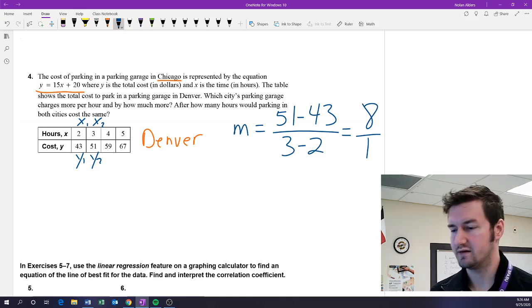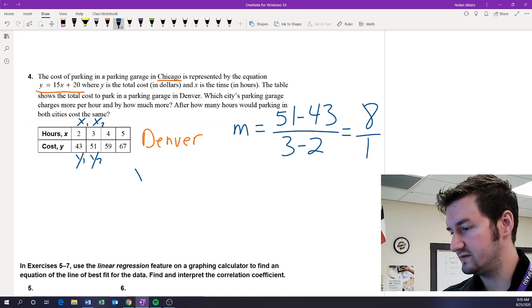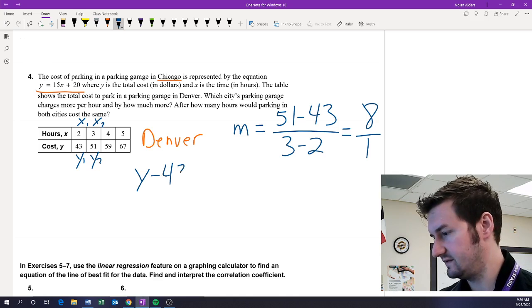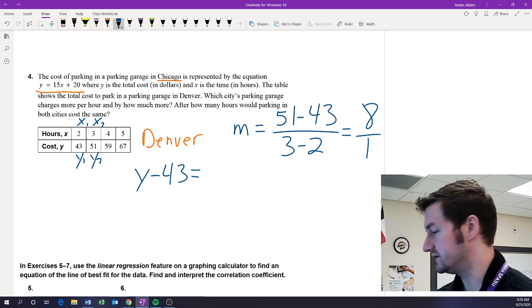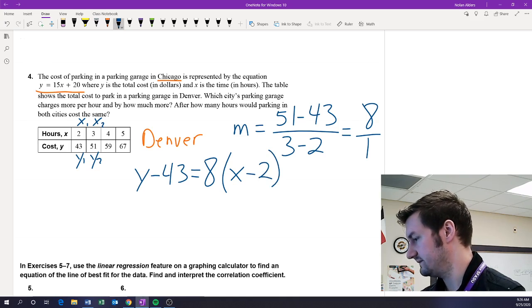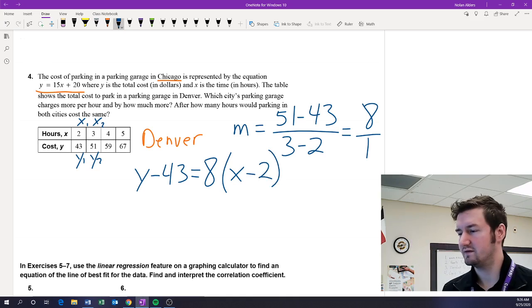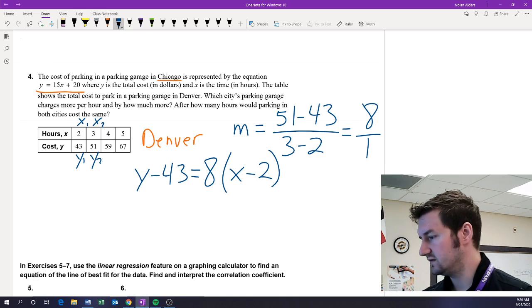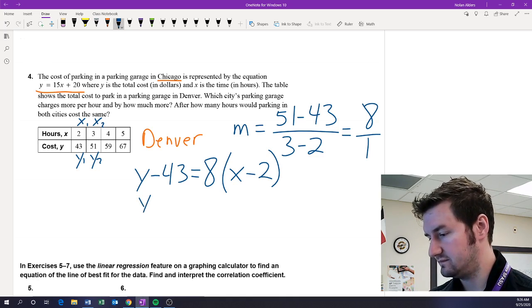So now we can write our equation. So remember, our equation is y minus y1. Let's go ahead and use the y1 we have, so 43, equals our slope, which is 8, times x minus x1, which in this case was 2. Now, we want to get this in slope-intercept form so that we can compare it to Chicago. So let's go ahead and distribute that 8.